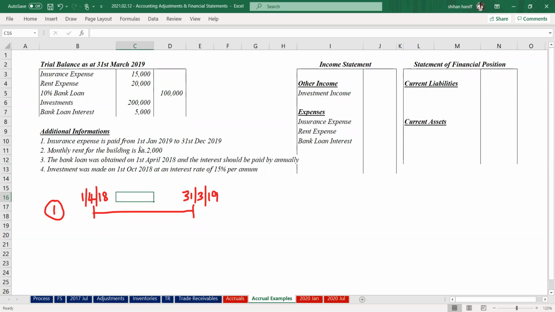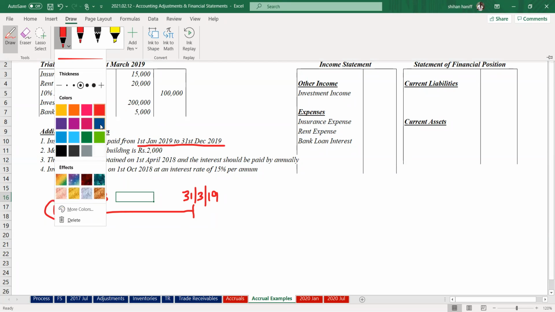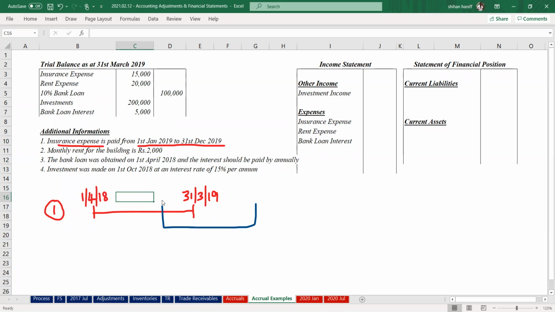Okay. Now, the insurance expense is paid from 1st January to 31st December 19. That means they have paid the insurance for this year, 1st January 19 to 31st December 19.